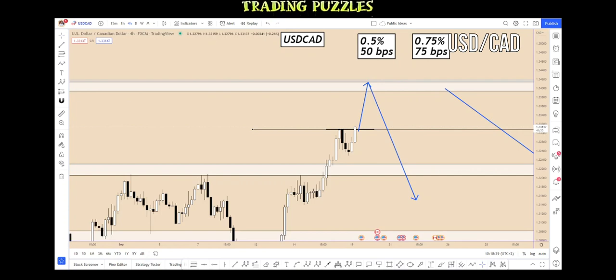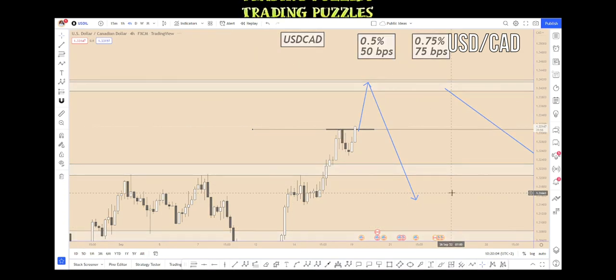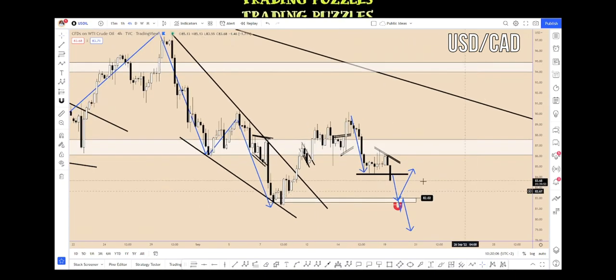Also, we should not forget that if the US oil is going to decrease in value, it will punish the Canadian dollar, as the Canadian dollar is a commodity currency and is related a lot to the oil price. So if the oil price moves down, we are going to see the Canadian dollar decrease in value.